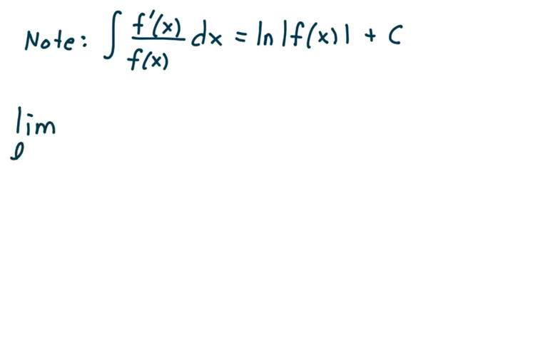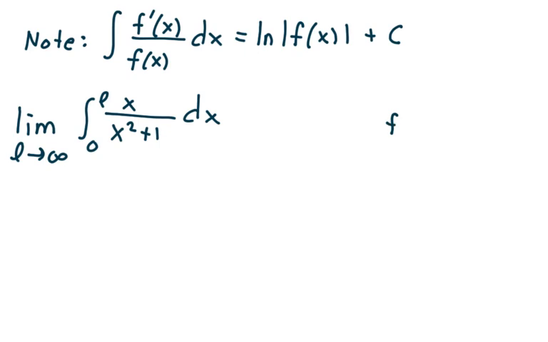Now, I want you to really watch what we have. So we have the limit as L goes to infinity of the integral from 0 to L of x over x squared plus 1 dx. So if my function is x squared plus 1, so f of x is x squared plus 1, the derivative is 2x, right? But notice how I'm missing a 2. Well, that's not a problem.